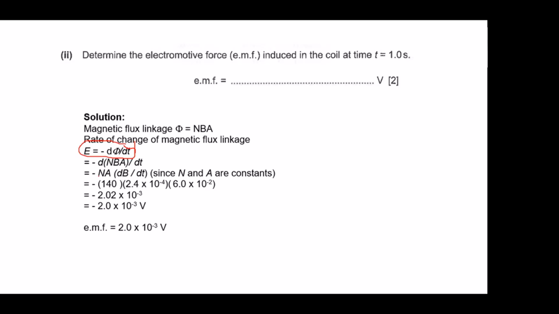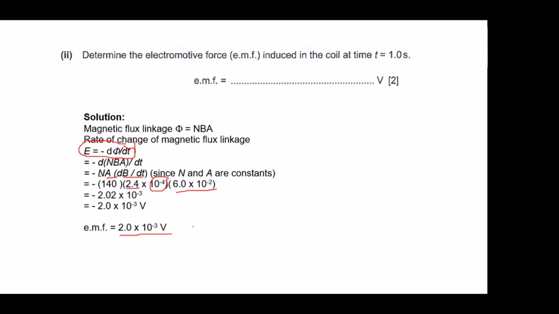So I have N, number of turns, 140, and area 2.4 cm square, so make sure you do the units conversion accordingly. dB over dt is already found earlier, 6.0 times 10 to the power minus 2. So you can work out the EMF as 2 times 10 to the power minus 3 volt.